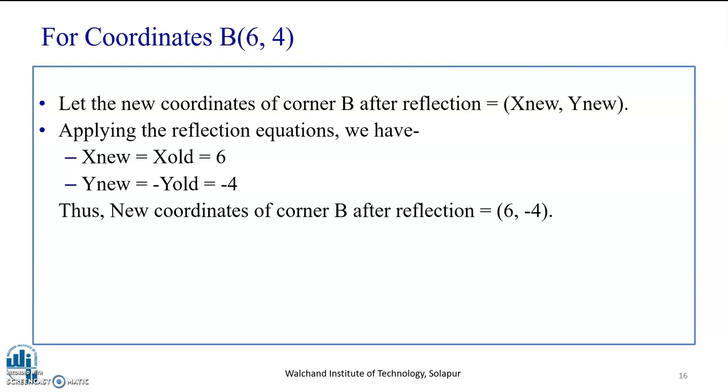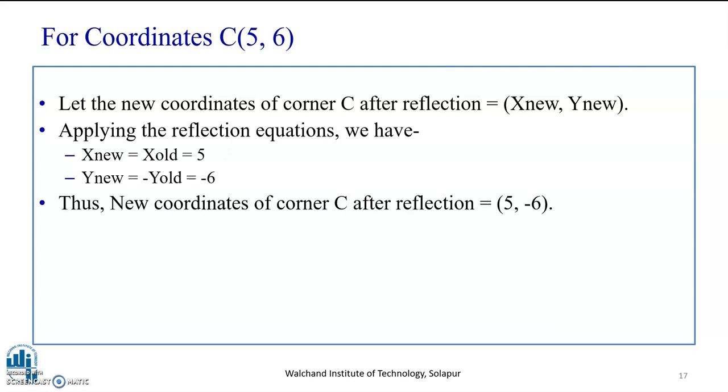Now, for the next point of the triangle, B (6, 4), let the new coordinates of corner B after reflection be x new, y new. Applying the reflection equation along the x-axis, we have x new equal to x old, that is 6, and y new equal to minus y old, that is minus 4. Thus, the new coordinates of corner B after reflection are (6, -4).